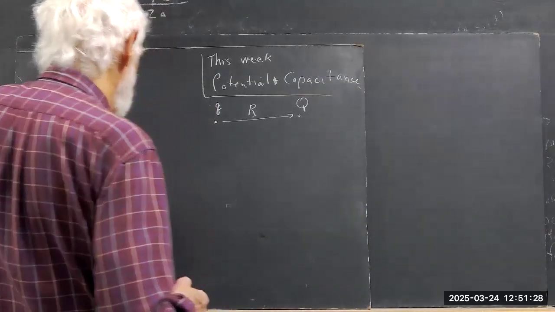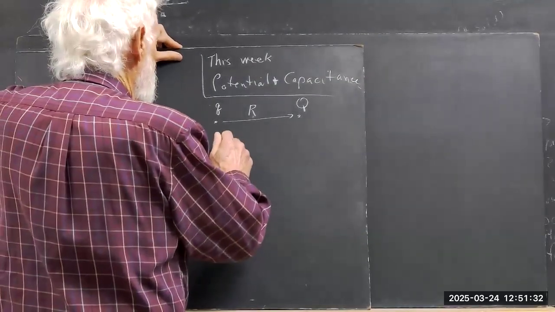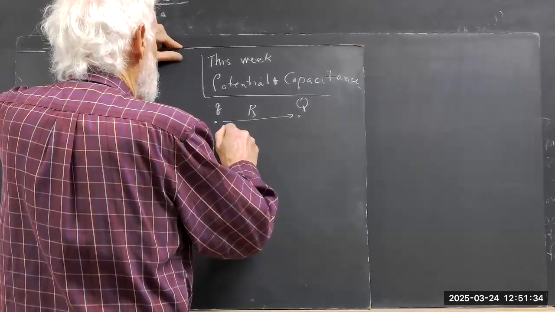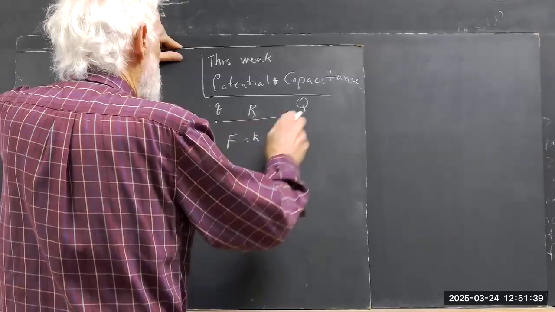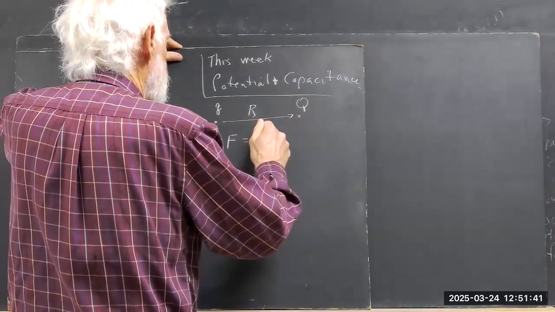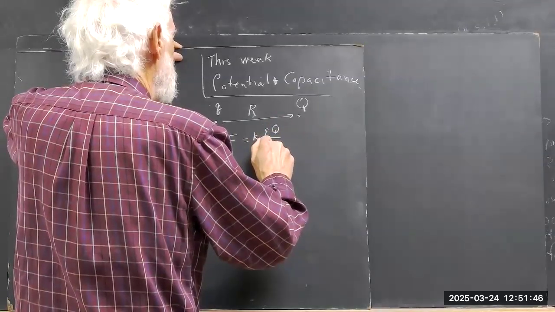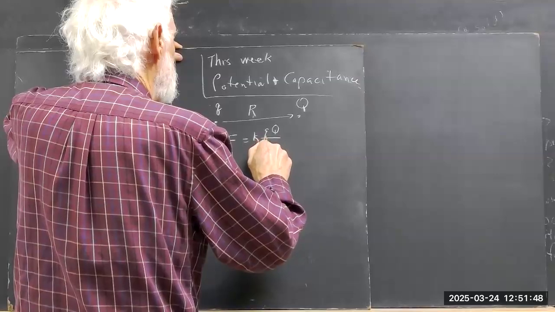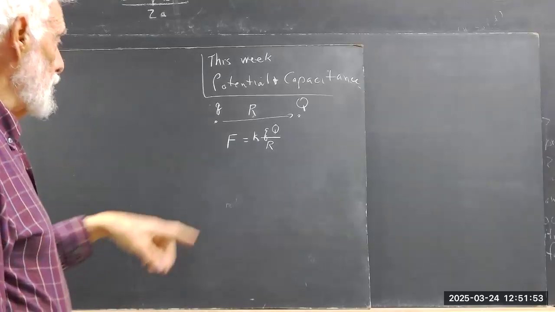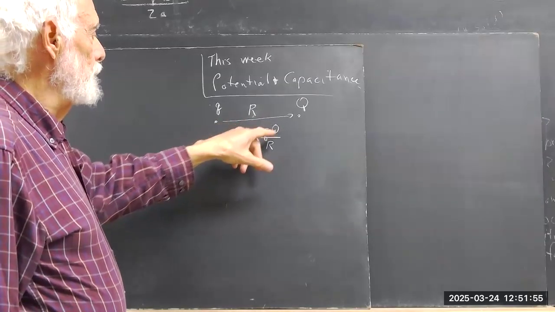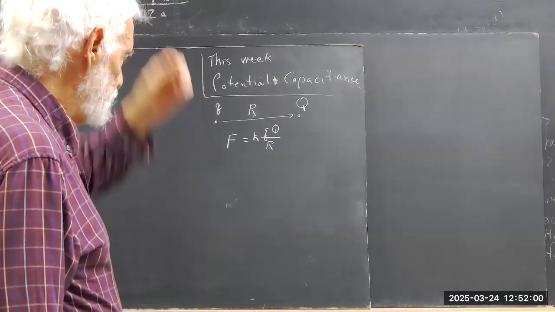Okay, so the force between these two charges at any distance, for reasons we'll see in a minute, is K big Q, little q over R squared.